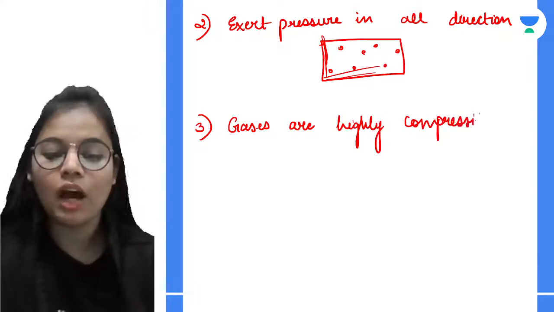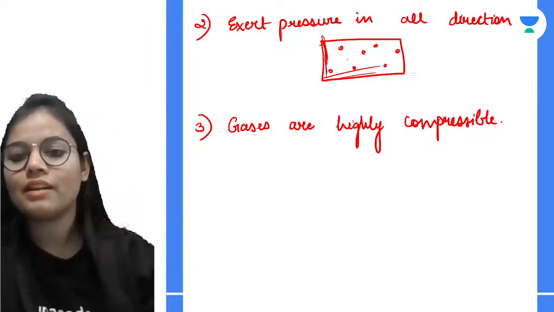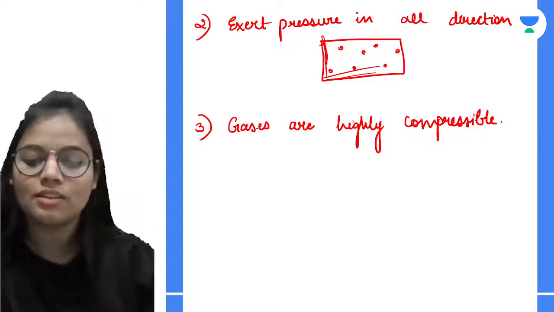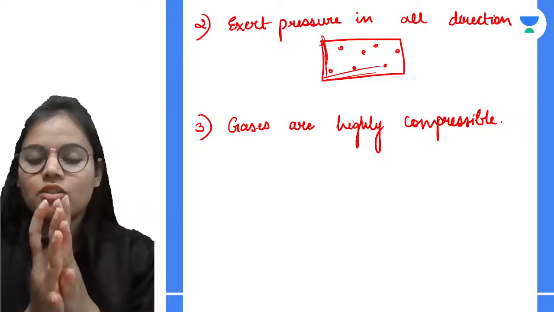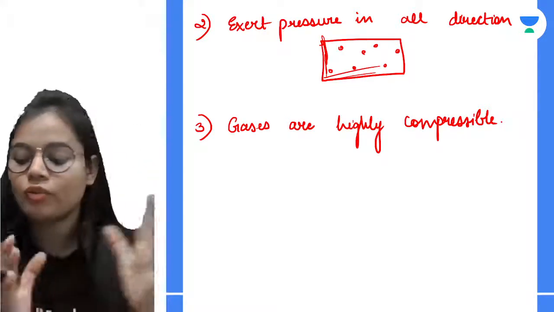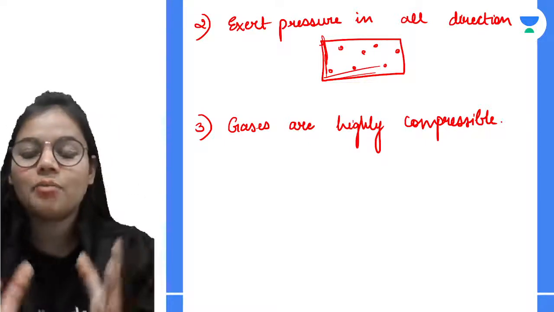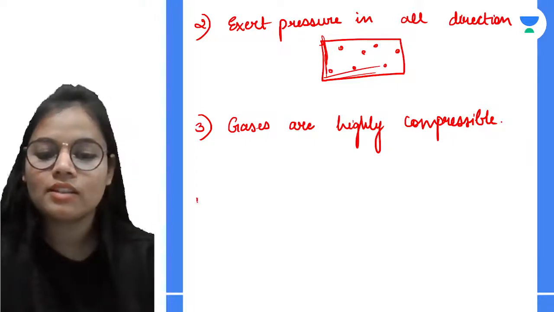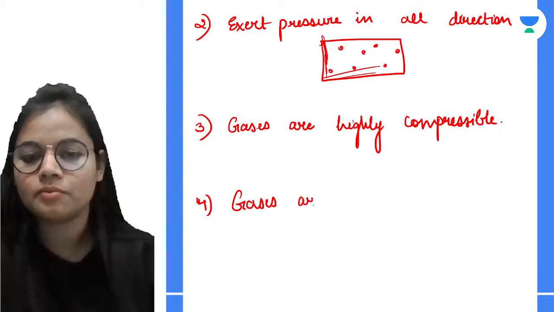Now, how are gases highly compressible? You can see there is a good amount of interparticle space between the gas molecules. If we try to compress the gas, what will happen? The molecules will come closer. So when we apply pressure, the molecules come closer, and that means gases can be compressed. Next, gases are highly expansible.